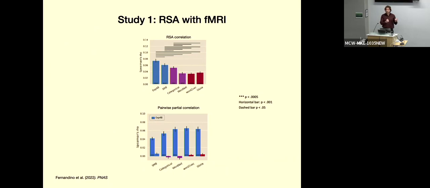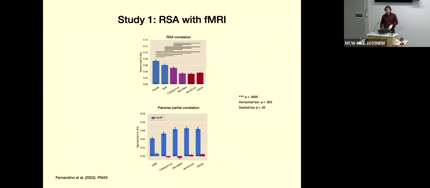And what you see here is that the experiential model explains all of the variance that is explained by any of the other models. Once you take away what's explained by the experiential model, there's nothing else that the other models can explain.